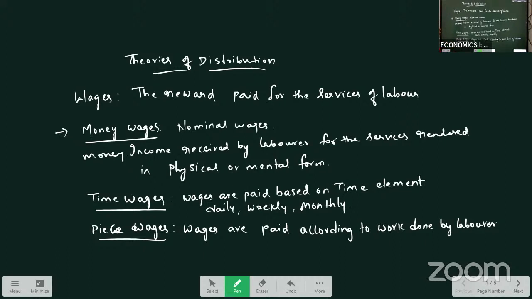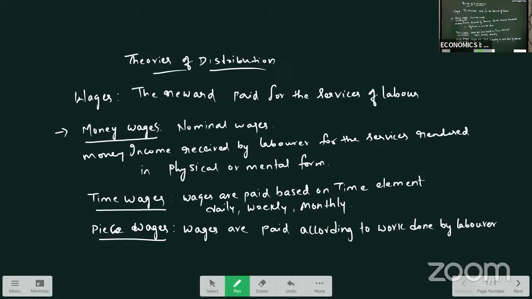wages. These wages are divided into two concepts of wages, money wages and real wages. What are money wages? Money wages are also called nominal wages. The money income received by the laborer for the services rendered in physical or mental form. Again we have time wages and piece wages.